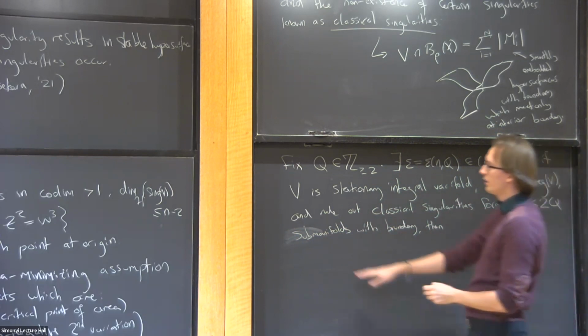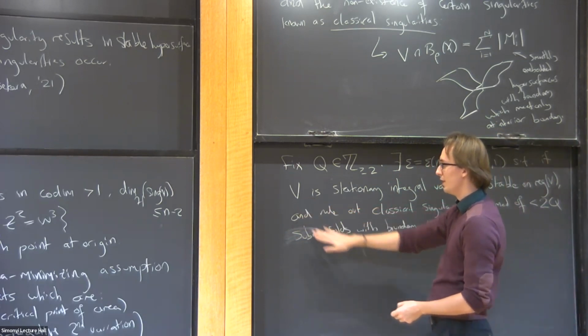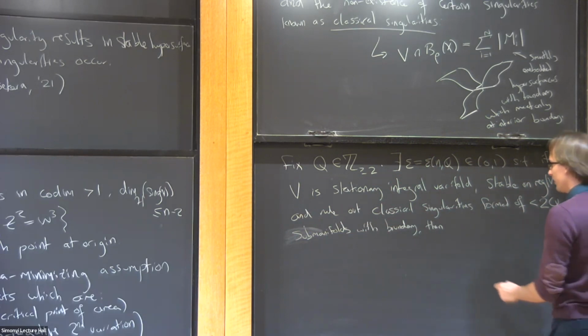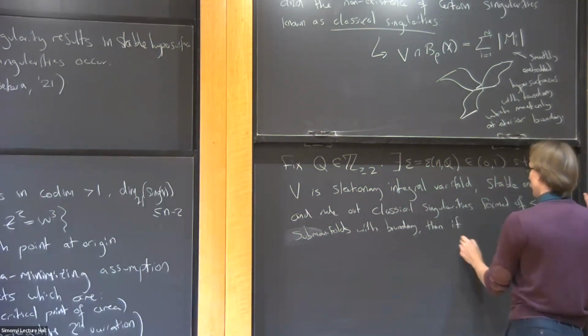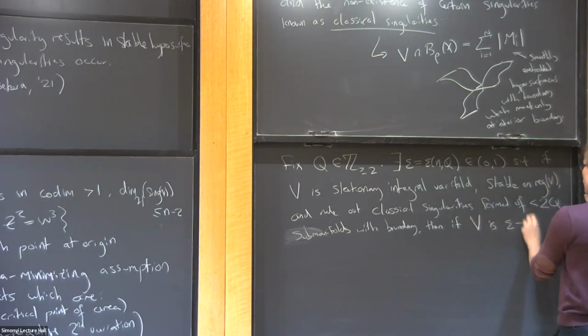Then if V is at a branch point, you can show that this means that you're very close to a hyperplane of density Q in that setting. Then if V is epsilon close as a varifold, again, I'm being slightly vague as to what I mean by this.